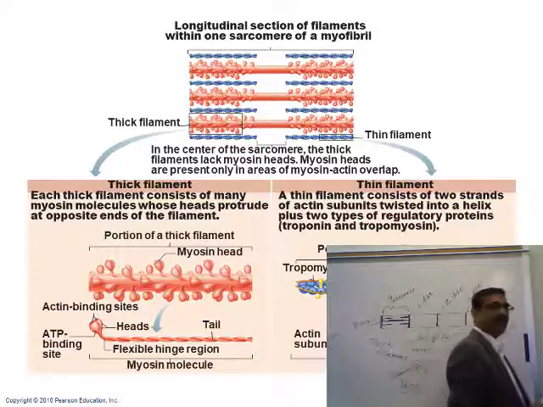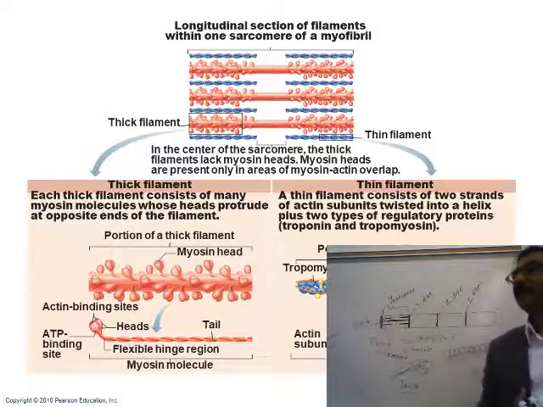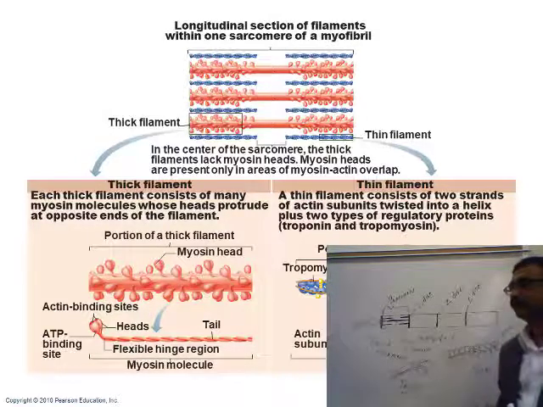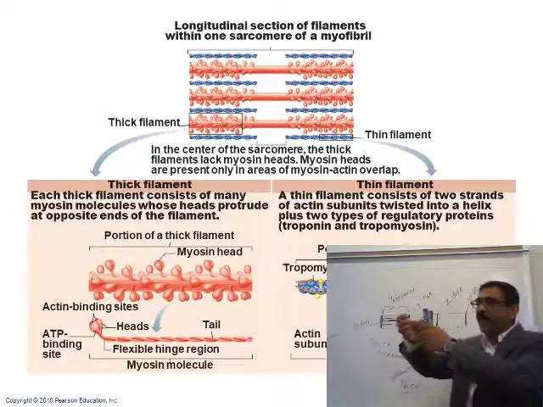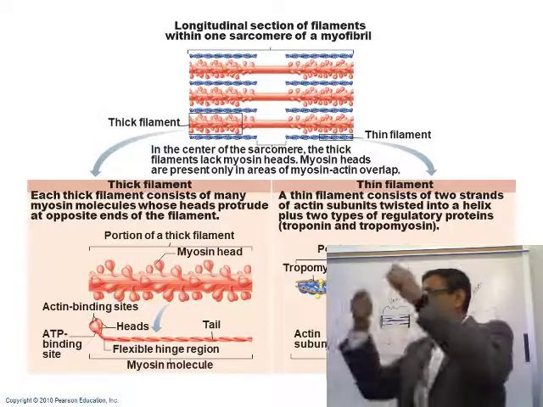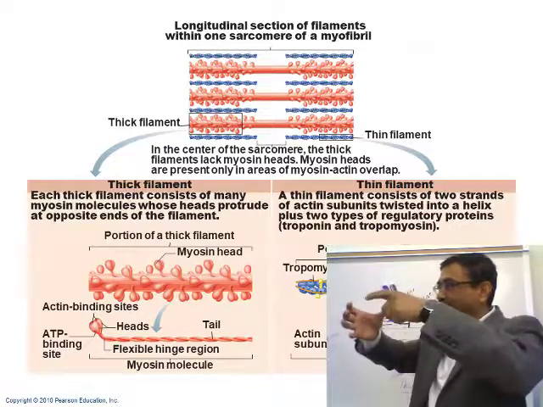This is how the thin filament is. And each golf club-like structure is called myosin. So many myosin units bundled together form the thick filament. Many actin units join together to form the thin filament.